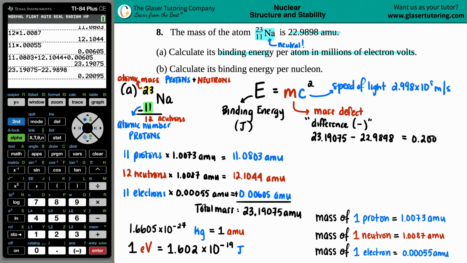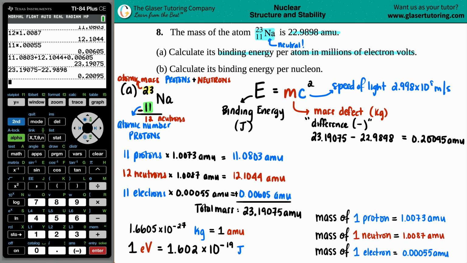But now, before we even do that, keep in mind that this is AMU. This formula, just like we said, is a physics-based formula, which means that we have to use all of the standard physics units. And the standard physics unit for mass is kilograms, not AMU.